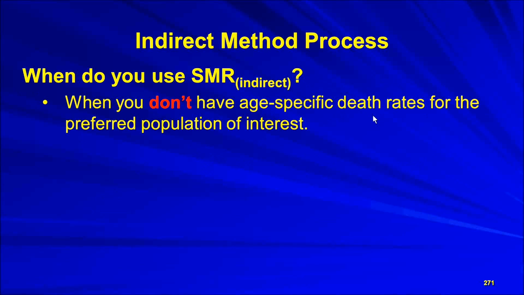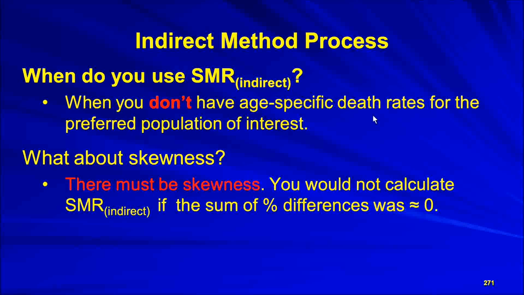Okay? So now, this is repetitious. When you don't have age-specific death rates for the preferred population of interest, you use SMR indirect. Okay, second, what about skewness? There must be skewness. That doesn't change. So with a direct or indirect method, you've got to have skewness, and you figure it the same way. And we say, well, you don't do anything with it if it's about zero.